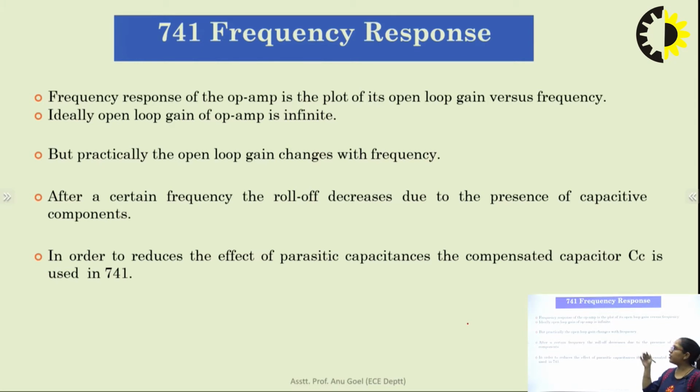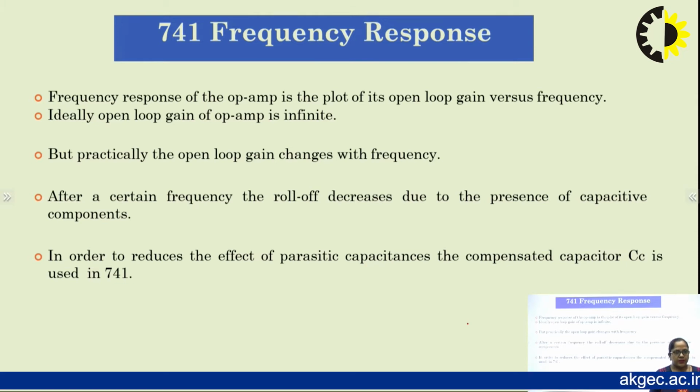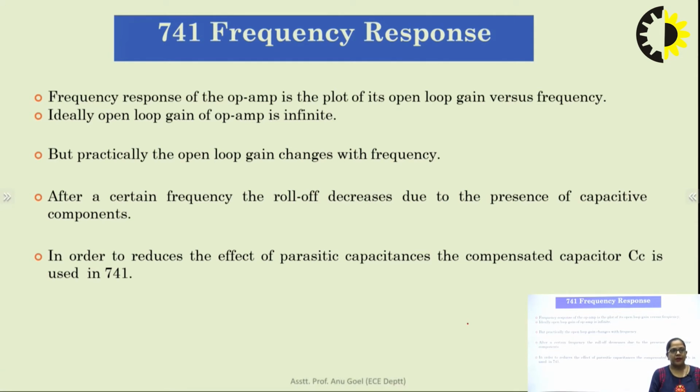So, the frequency response of op-amp IC741 is a plot between the open loop gain versus frequency. Ideally, the gain and the bandwidth of op-amp is infinite. What is the meaning of infinite bandwidth? That it will amplify all the signals with equal amount of gain, having frequency from minimum to maximum.